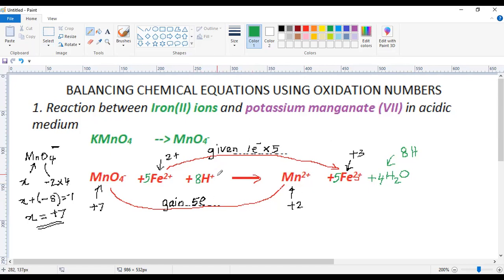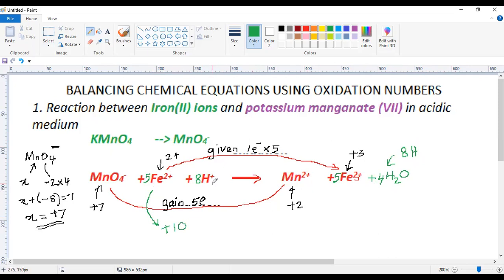Now this is a perfect reaction. Everything is balanced. Make sure before you finalize your work, you should check the charges. Charges also must be balanced. Here we have a total of plus 10.